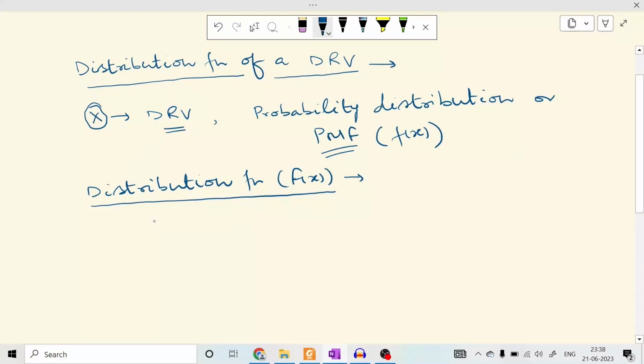Means if you consider this X, which is a discrete random variable, and let's say it takes the values 0, 1, 2 and 3.